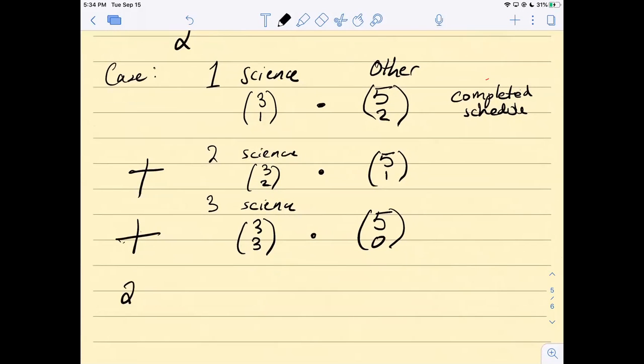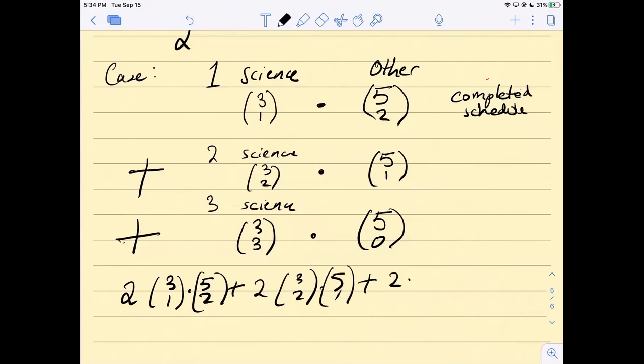Let's write that. 2 times 3 times 1 times 5 choose 2, plus 2 times 3 choose 2 times 5 choose 1, plus 2 times 3 choose 3 times 5 choose 2. And I can calculate what that comes out to.